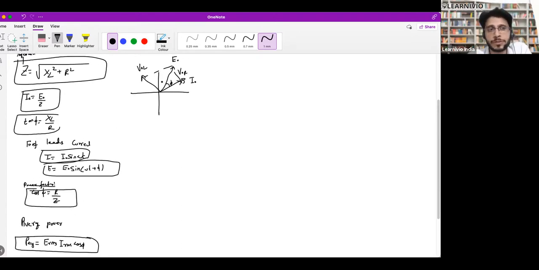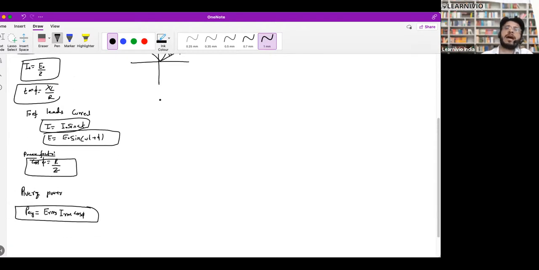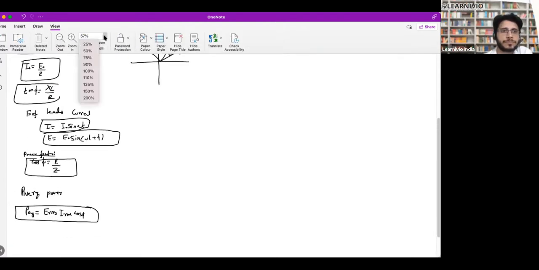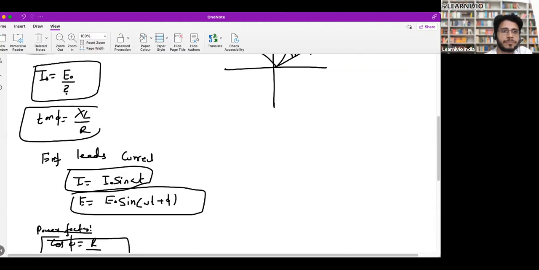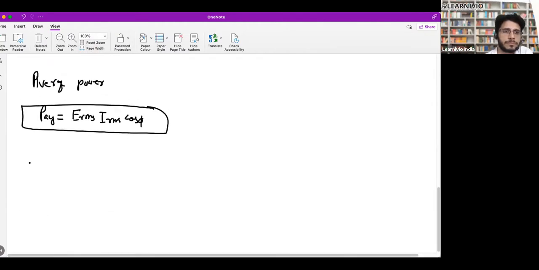Always remember this phase difference. This phase difference is very, very important. This phasor diagram. Okay, next, the RC circuit.